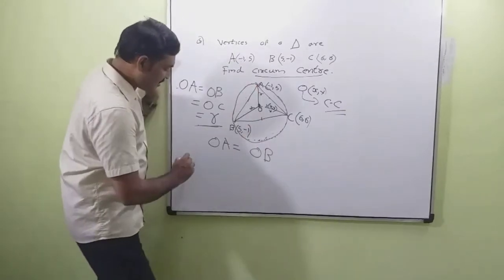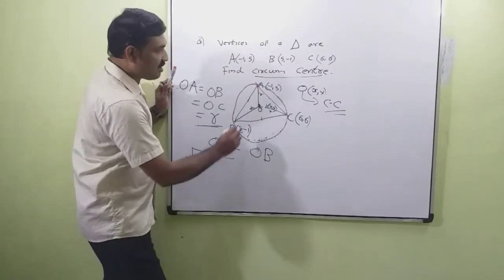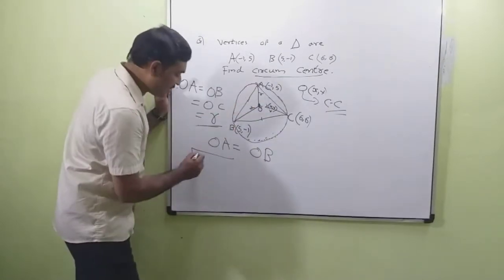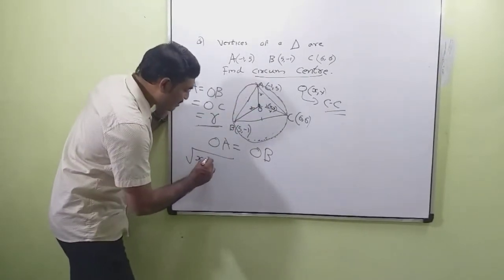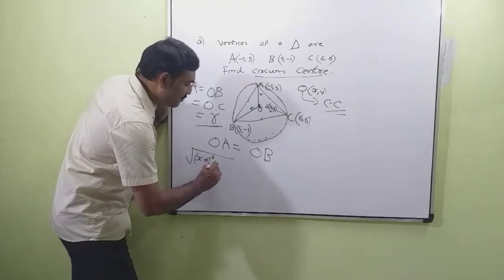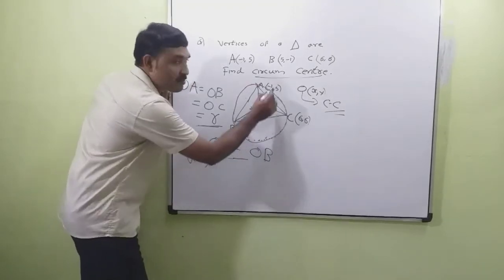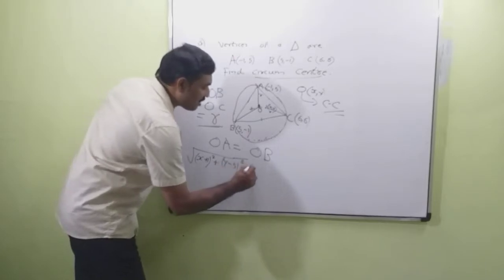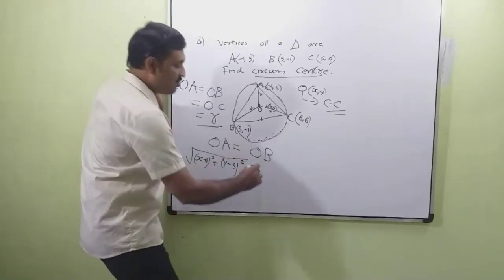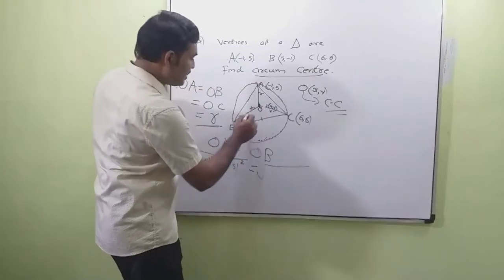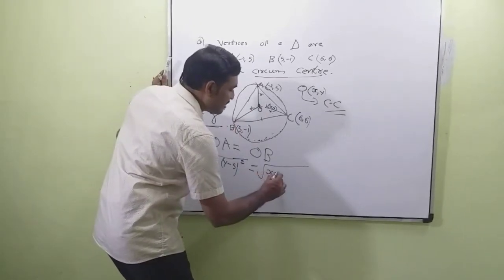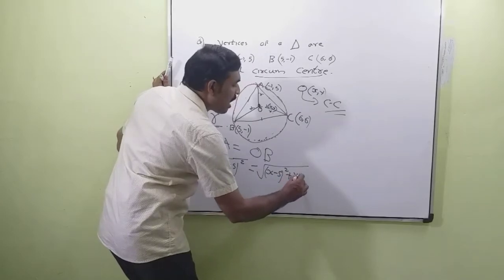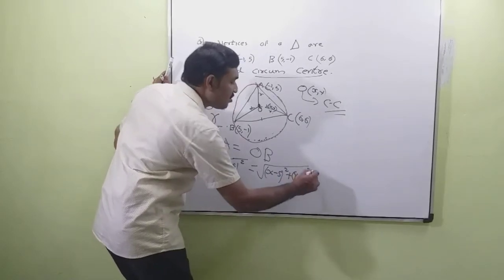OA is this distance, obtained by using the distance formula: the x difference, x minus of minus 1, that is x plus 1, the whole square, plus the y difference, y minus 5, the whole square, under the square root. That is equal to OB, the square root of the x difference, x minus 5, the whole square, plus y plus 1 the whole square.